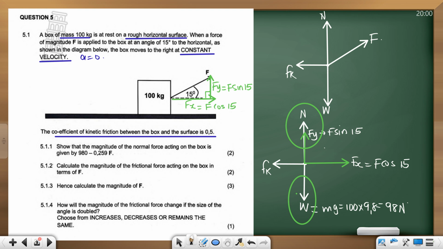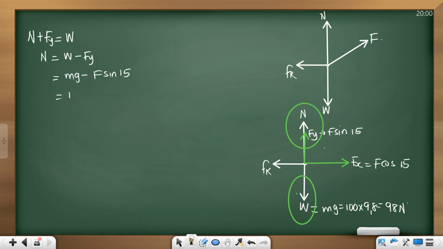Wait, let me see what we are proving. Oh yeah, our answer is there. 100 times 9.8 minus F sine 15, and what will that give us? 980 minus, what is sine 15?